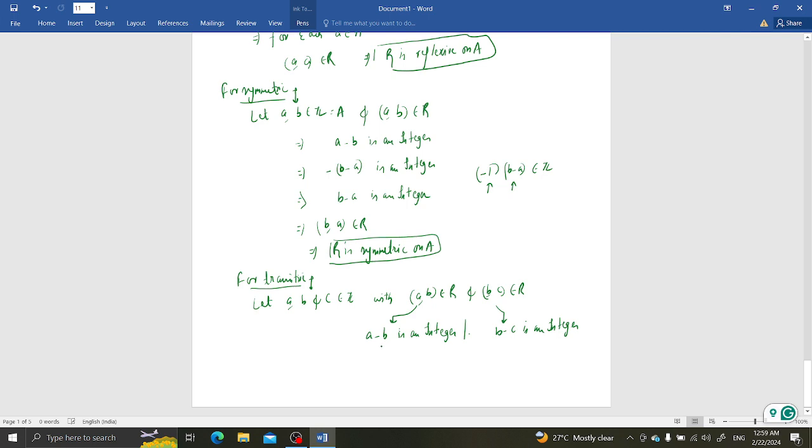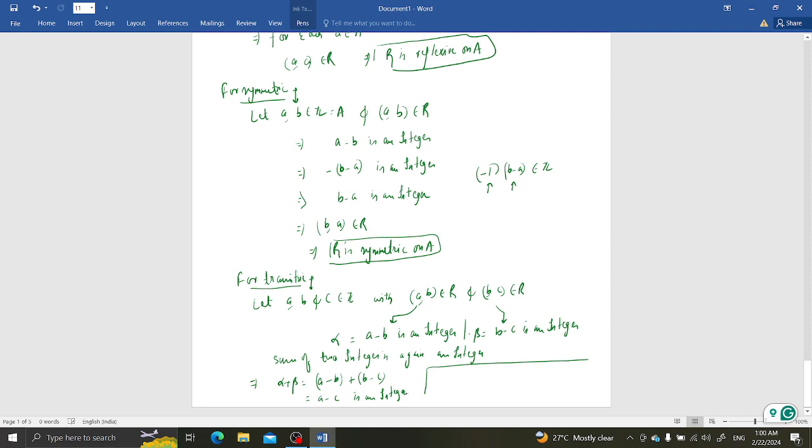And this thing you already know, that the sum of two integers is again an integer. So if you assume this is alpha, this is beta, then alpha plus beta, that is A minus B plus B minus C, what we get? A minus C is an integer.